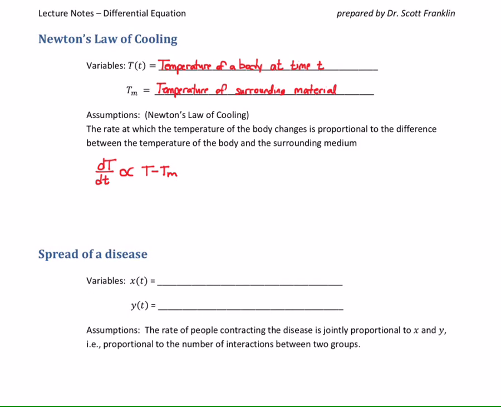T minus Tm. Now you could just as well choose Tm minus T, but you have to make sure you get your constant with the right sign. You have to decide, is the temperature going up or is the temperature going down? So I'm going to write dT/dt, capital T for temperature, little t for time, equal to some constant of proportionality times T minus Tm.